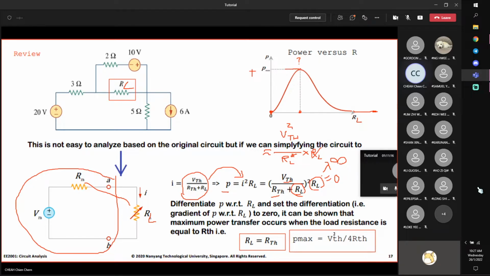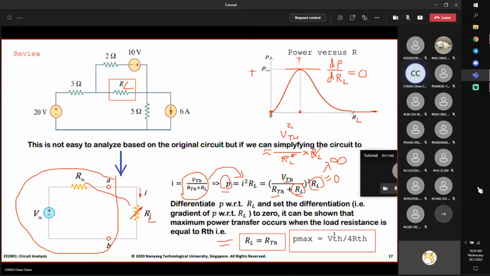To find the maximum value is to find where the gradient of P with respect to RL is 0. In your notes, you can check, basically you differentiate your P with respect to RL and equate to 0, because there is zero gradient at the maximum point.